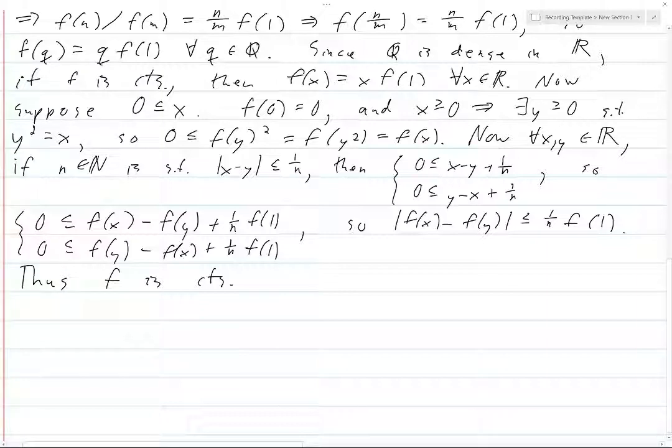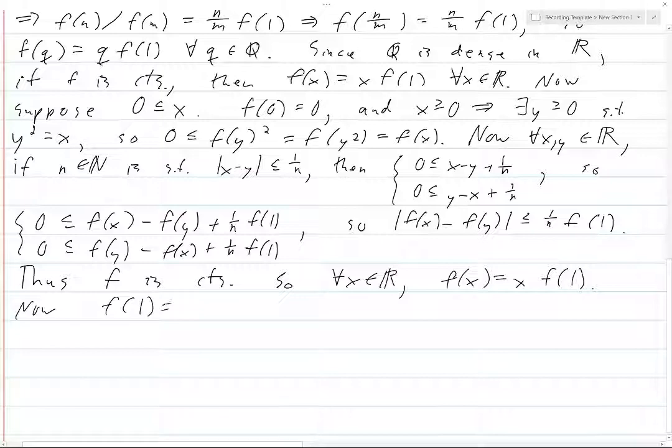So for all x in R, we know that f(x) equals x times f(1). Now, f(1) we know is 0. Wait, no. Now f(1) equals f(1) times f(1), so f(1) is either 0 or 1.